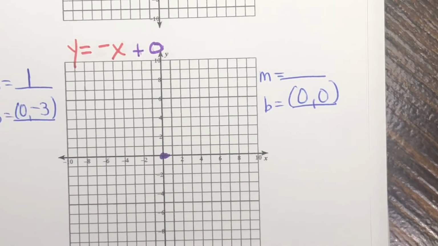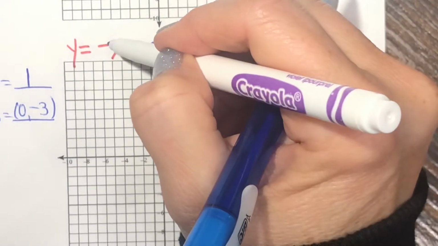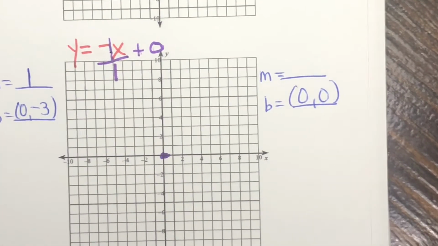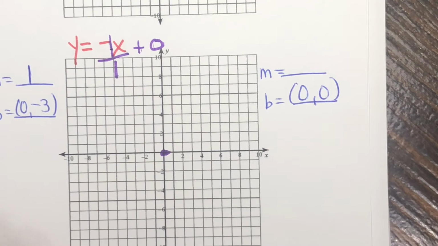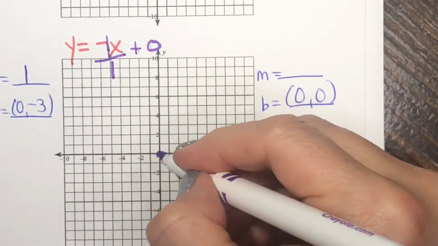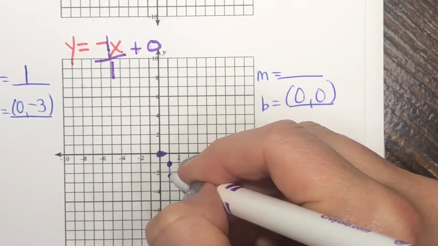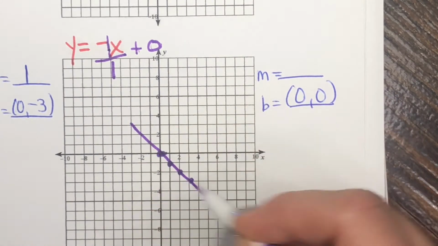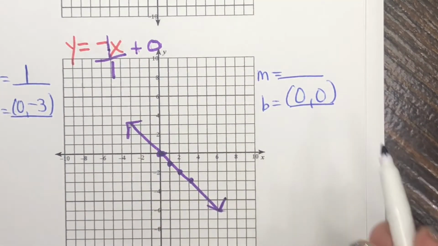Now, this one has not a 1 in front of it, but a -1, which means when I had 1, I went up and right, up and right. This one is going to mean I'm going to drop down 1, but still run to the right. So this is a drop of 1, and this is how you graph without a table.